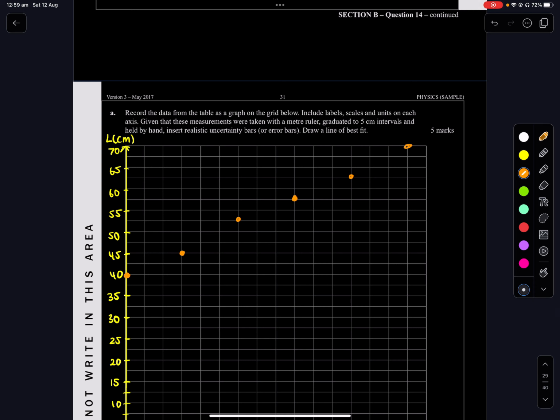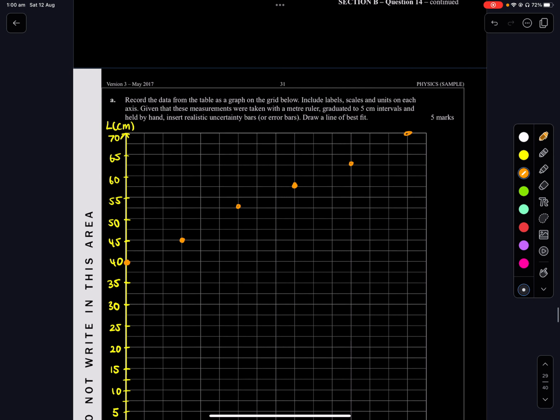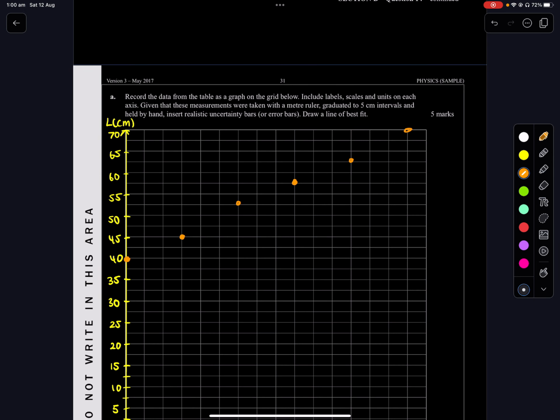Well, record the data on the grid, include labeled scales on each axis. Given that these measurements were taken on a meter ruler graduated to 5 centimeter intervals and held by hand, insert a realistic uncertainty. Okay, so the length has uncertainty. Because it's graduated to 5 centimeter intervals, half of that, so half of 5 is 2.5.